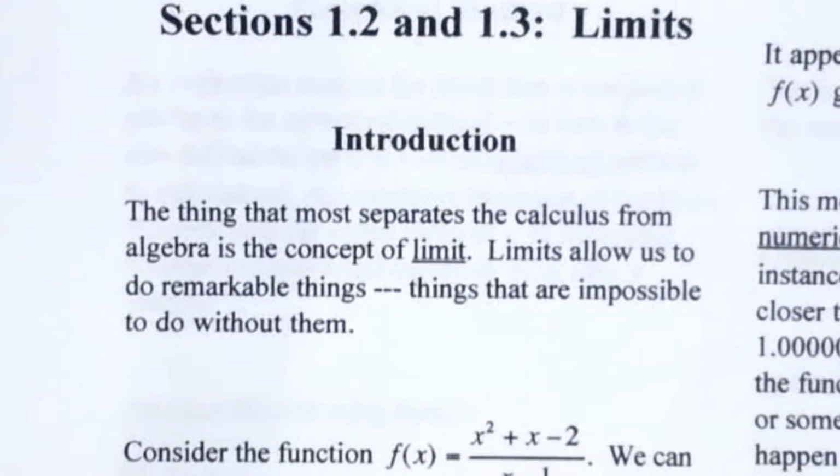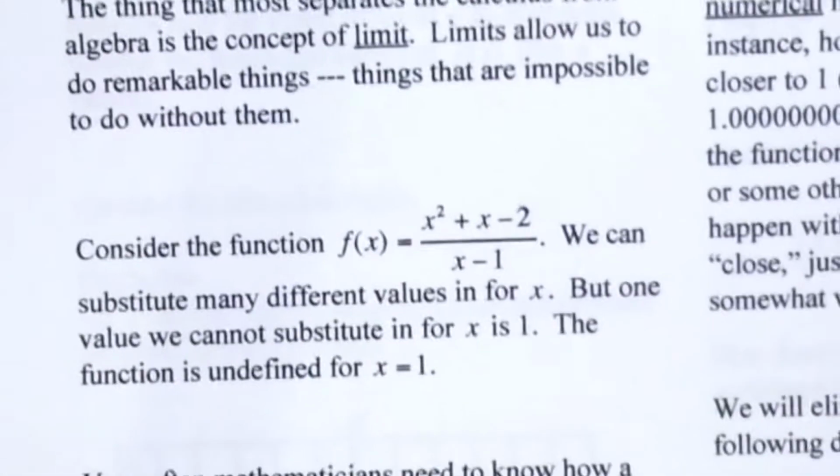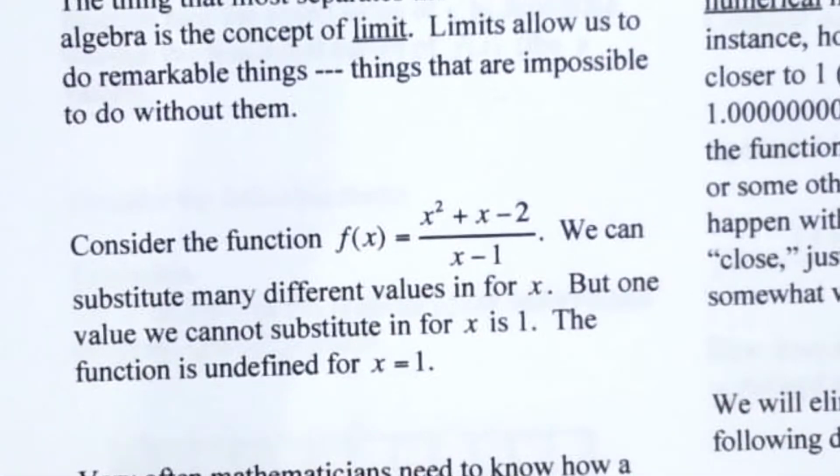So let's consider the following function. f of x equals x squared plus x minus 2 divided by the quantity x minus 1. There are many values you can substitute in for x, but one that you cannot substitute in is x equals 1. Very often mathematicians need to know what is happening to this function at points near that discontinuity.